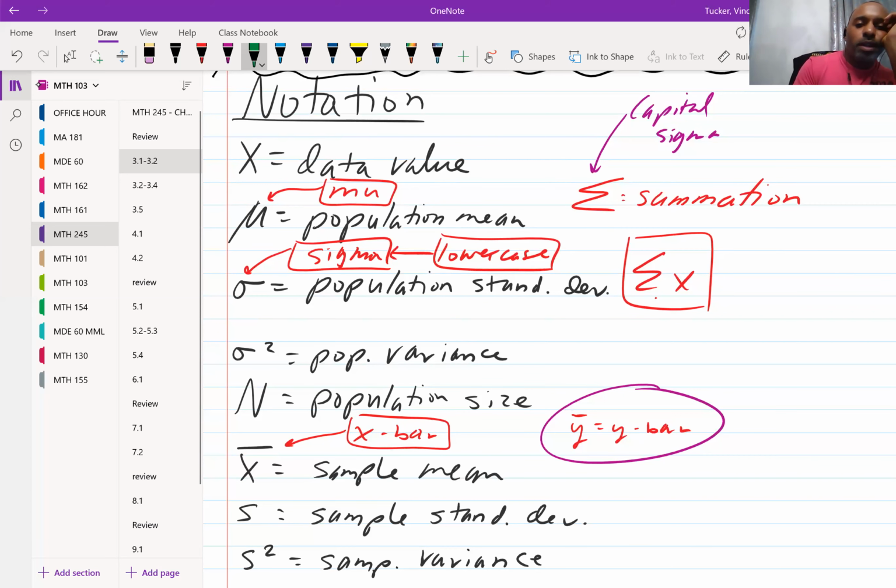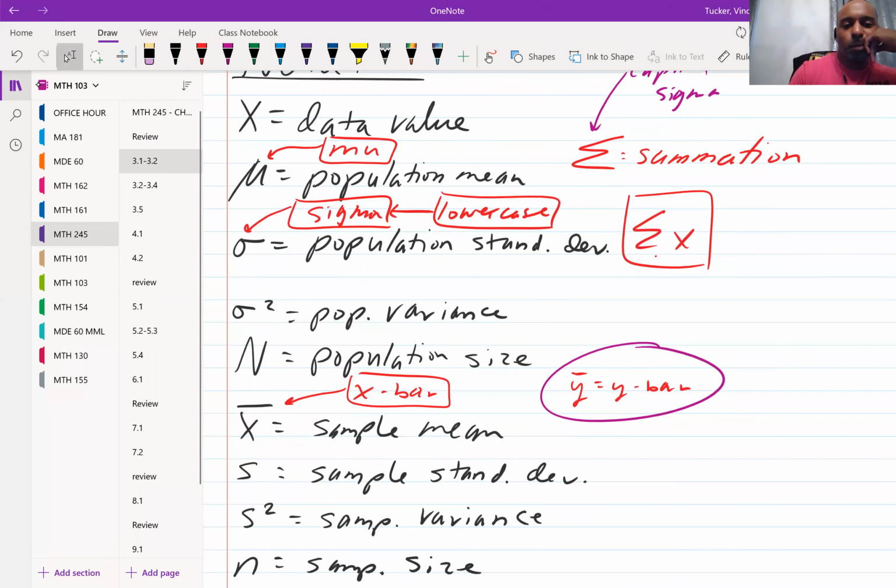But here we have lowercase sigma and then lowercase sigma squared. Remember, your standard deviation squared is your variance. Capital N will always be the size of your population. Under capital N, we have X bar.